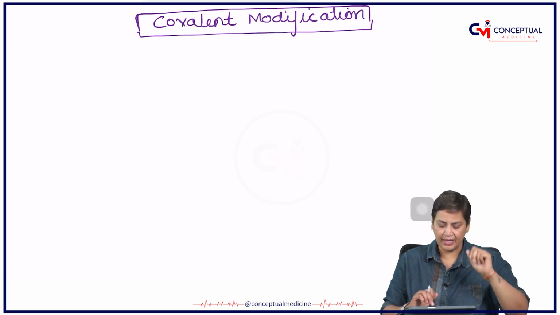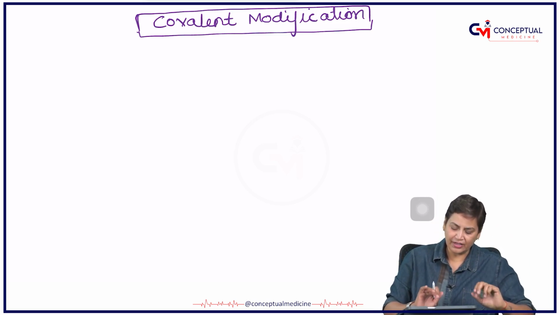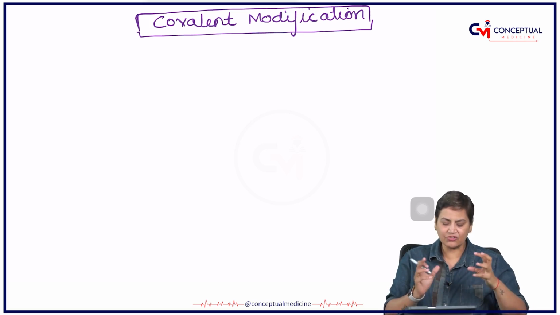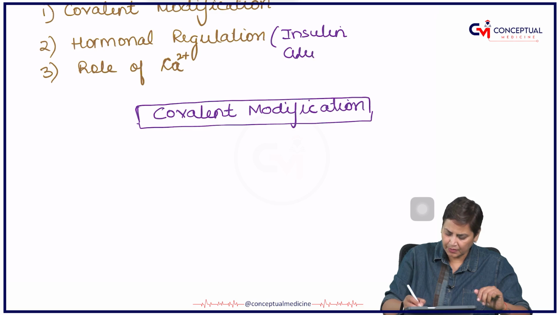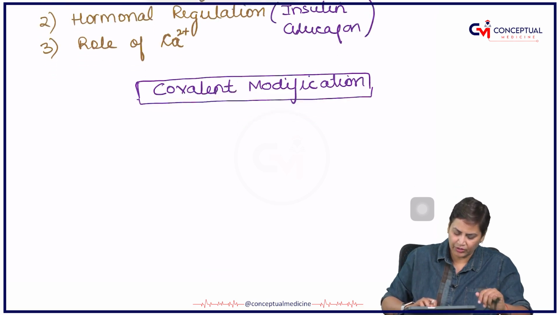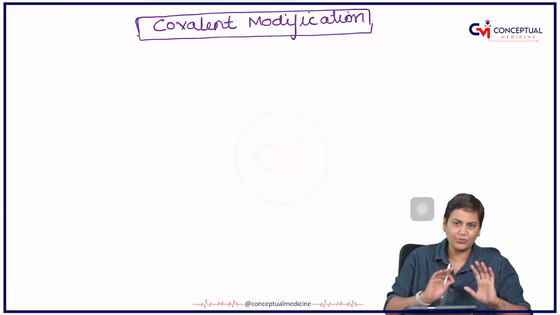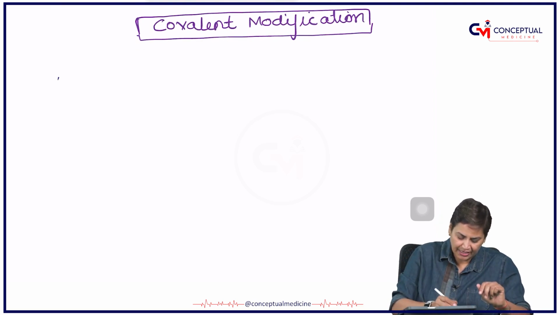Very important. Okay. So if I talk about covalent modification, I'll just try to summarize both. In hormonal regulation, I can write insulin and glucagon. So both are actually interdependent. Now coming over to this, there is one equation which is occurring in the body.